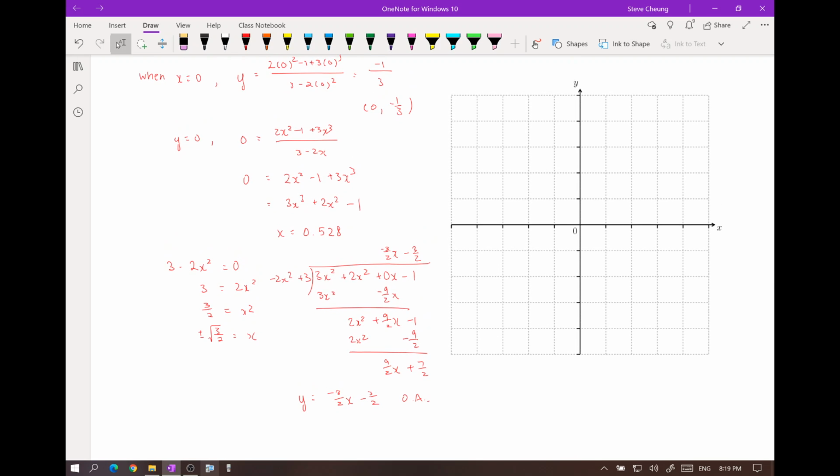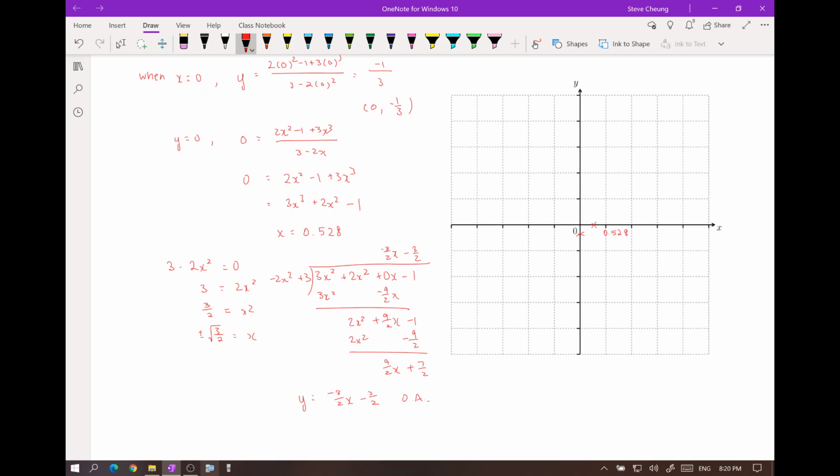So let's put all of these together. First we have 0 and -1/3 somewhere here. And for the x-intercept is around 0.5. Then we have two vertical asymptotes, √3/2.